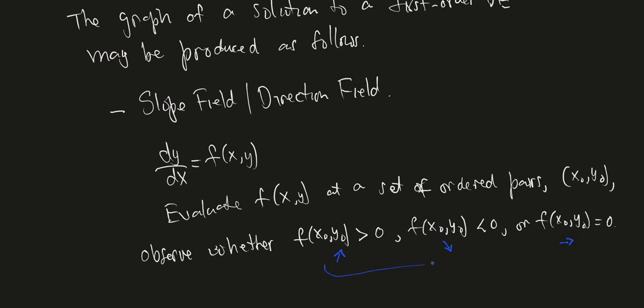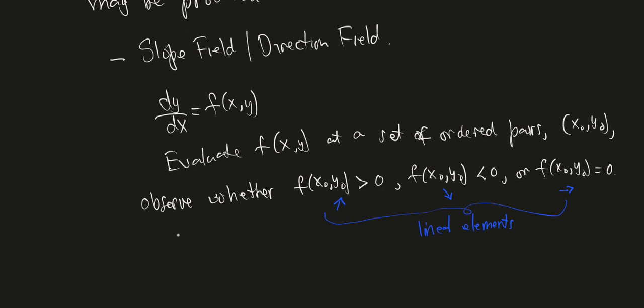And these arrows are called lineal elements. They're not like lines, because lines extend indefinitely in multiple directions. These lineal elements are basically little directed line segments that indicate the slope of the solution at a particular point. And the set of all of these lineal elements is what we refer to as a slope field.